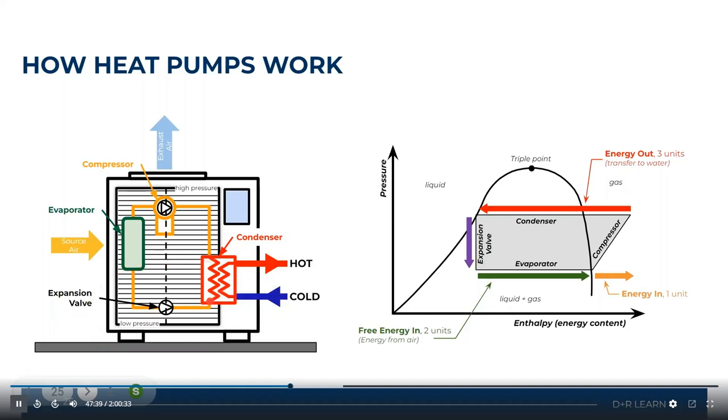Now, that heat within your vapor compression cycle at your condenser is where you're going to have either your hot air being blown from a condenser fan motor into the space, or if you're dealing with a domestic hot water system, that heat transfer is going to go into your water source. So if you're doing AC, you're going to have hot air being blown out over a heat exchanger. And if you have hot water that needs to be created, it's going to go through a heat exchanger, and that heat will enter the cold water coming in.